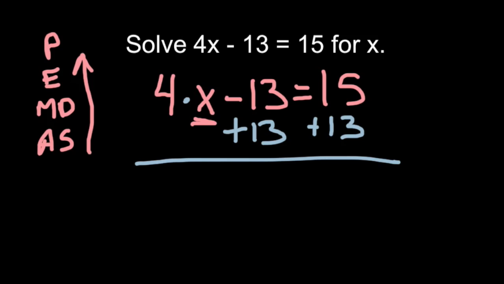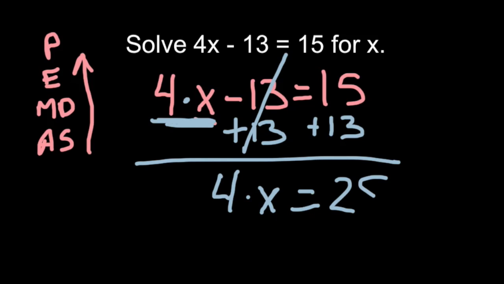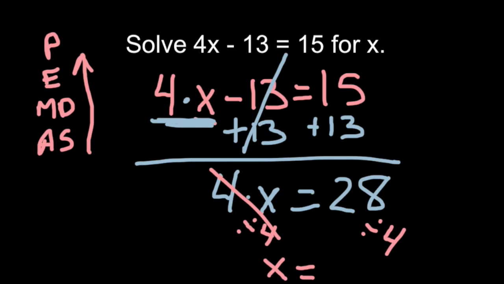Now, a negative 13 and a plus 13 cancel out, leaving the only thing left on the left side is 4 times x equals 15 plus 13 is 28. Now it's a one-step problem, and we know how to solve those. We do the opposite of multiply, so that's divide by 4 on both sides. So 4 divided by 4 is 1x equals 28 divided by 4 is 7.